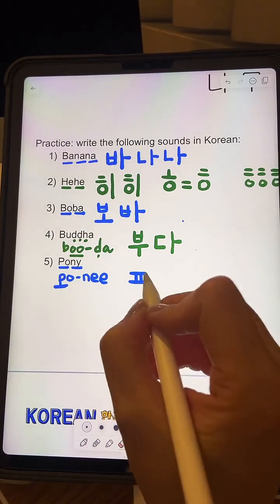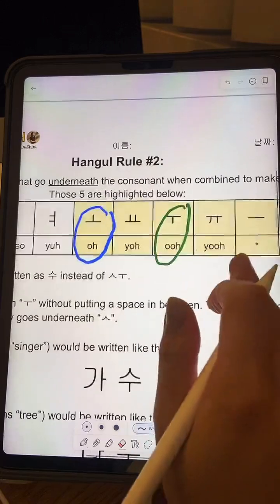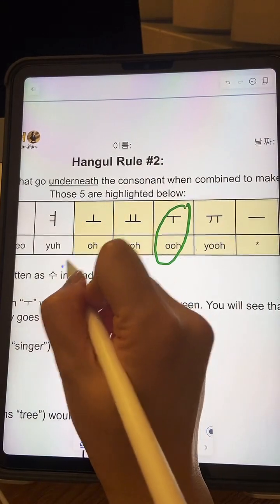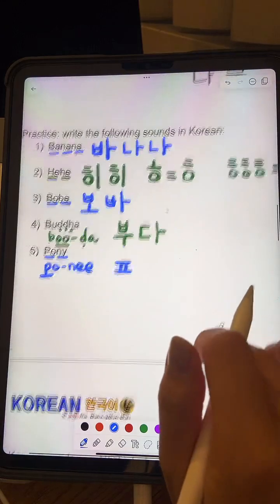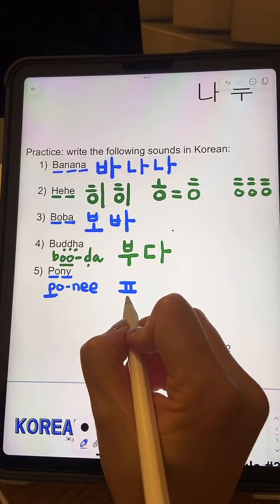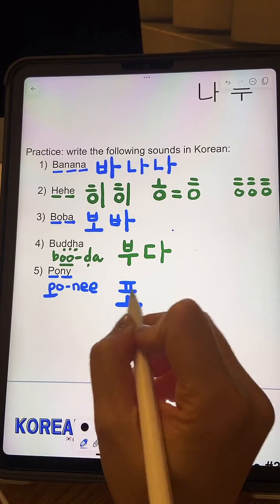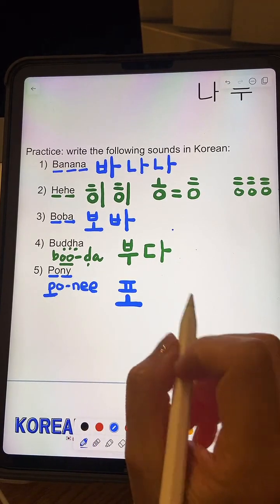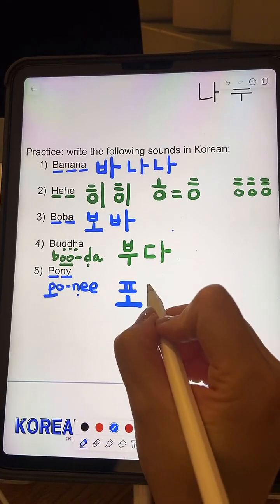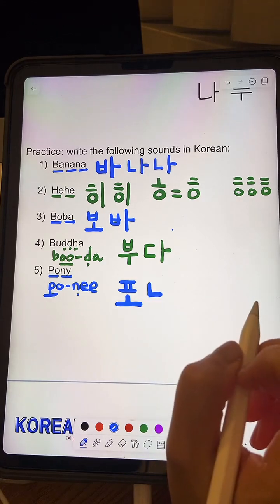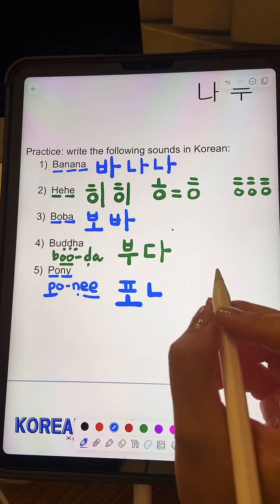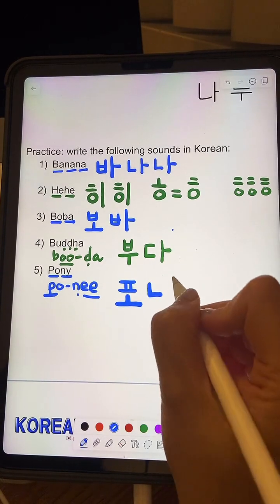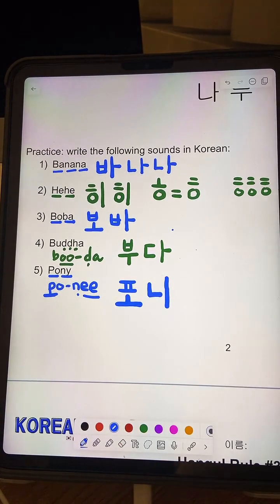P. O, we need O. Which one is it? This one again. And where does it go? At the bottom. 안녕하세요. 포. O. Po. And then we need the N sound. It's this one. N. E. Good, Marlena. Pony. Pony입니다.